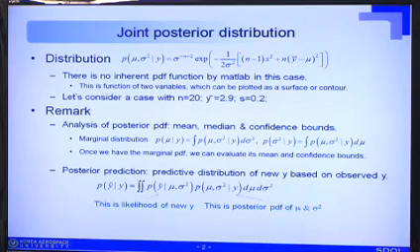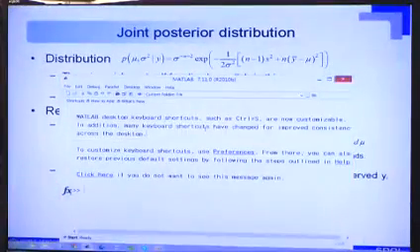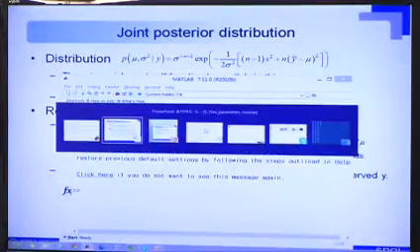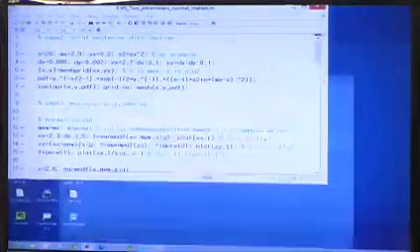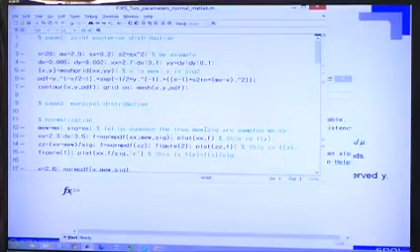You see, this function is a function of two variables, mu and sigma square. So I will move to the MATLAB code. This is MATLAB, and this is the MATLAB code. I will assume we have 20 observations.